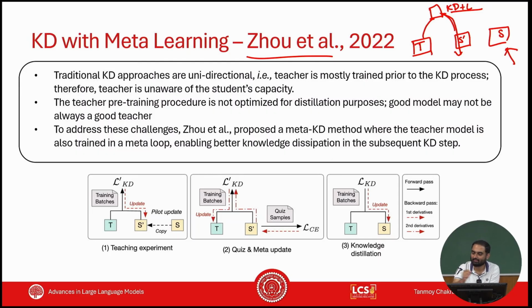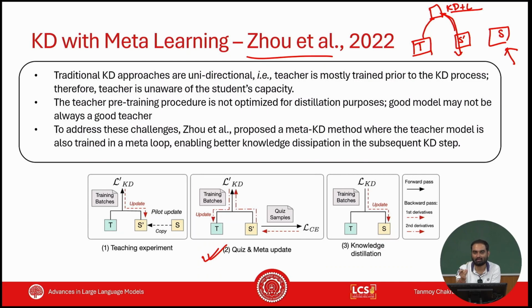Okay. In the second step, now look at here. I use another data and I call this data quiz data. What is the purpose of the quiz data? The purpose is that I'll give this quiz question to the student.